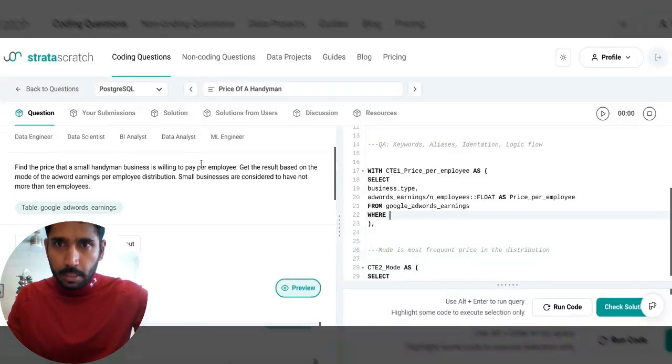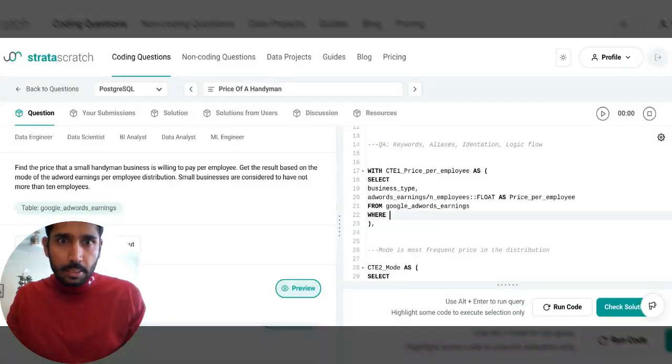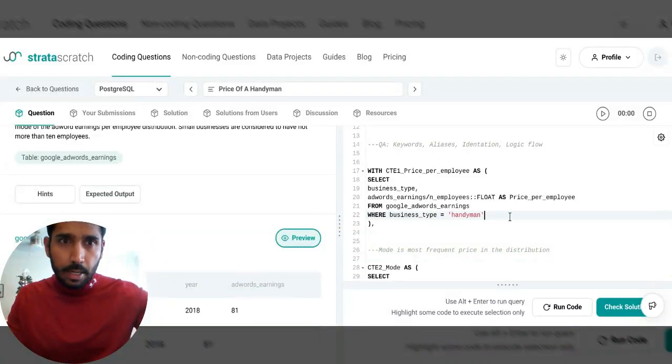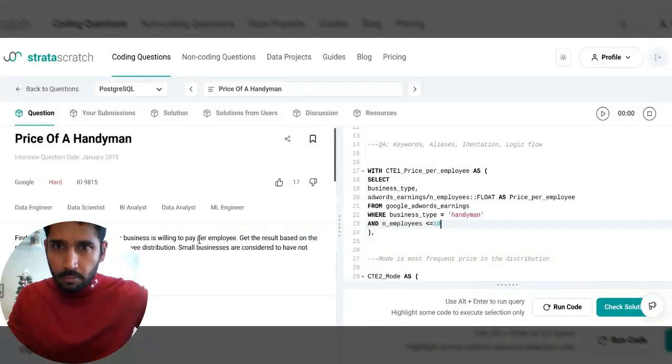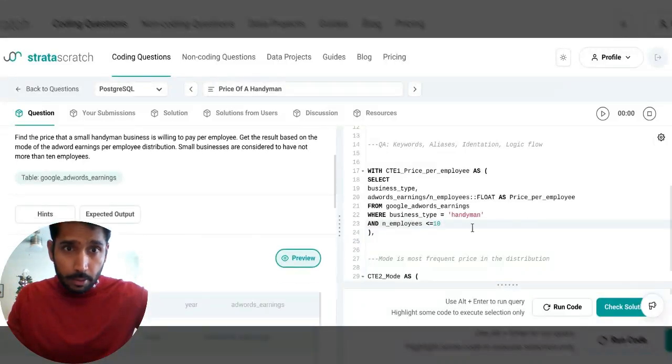We need to filter for business type Handyman, and the number of employees needs to be less than or equal to 10. Small businesses are considered to have not more than 10 employees, so less than or equal to 10.